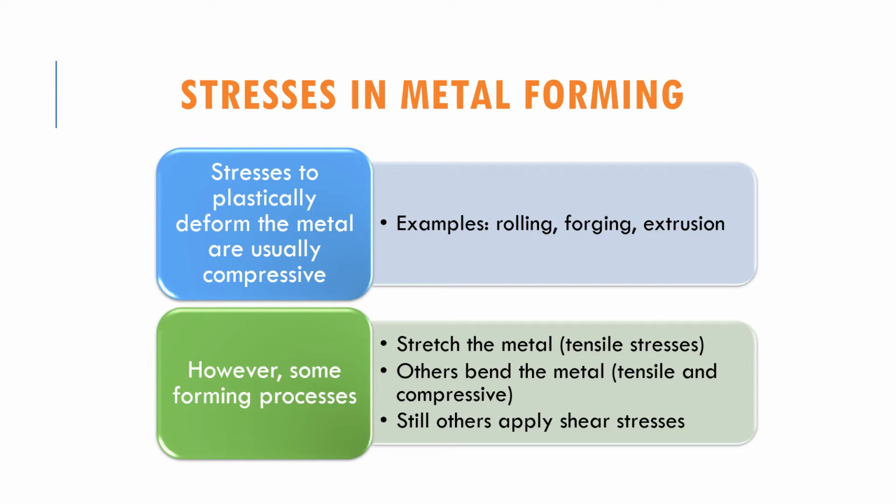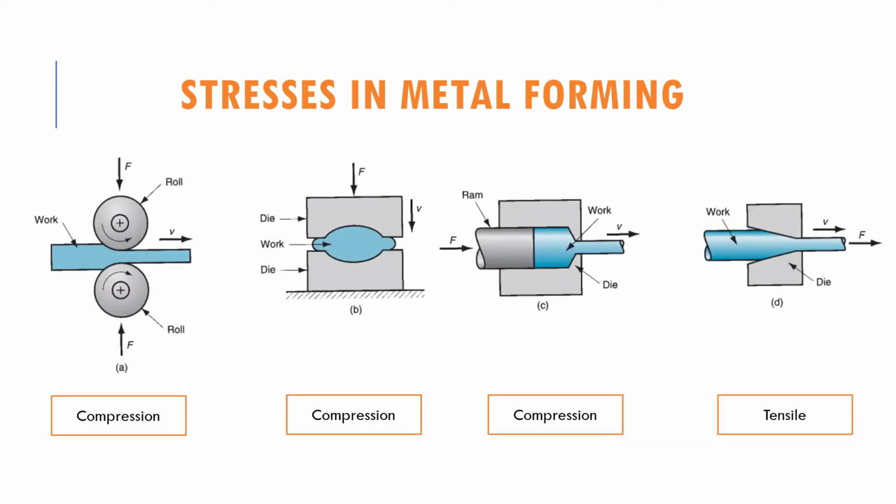However, in some forming processes, it is also tensile and sometimes a combination of tensile and compressive. For example, in wire and bar drawing, it is more of a tensile stress process. Still others also apply shear stresses. So let us look into the processes.